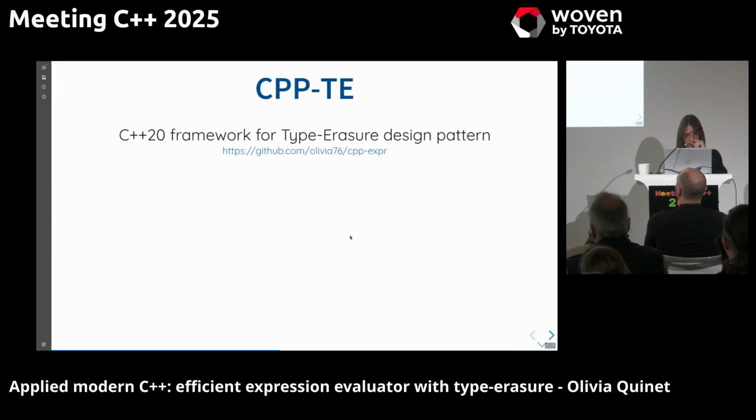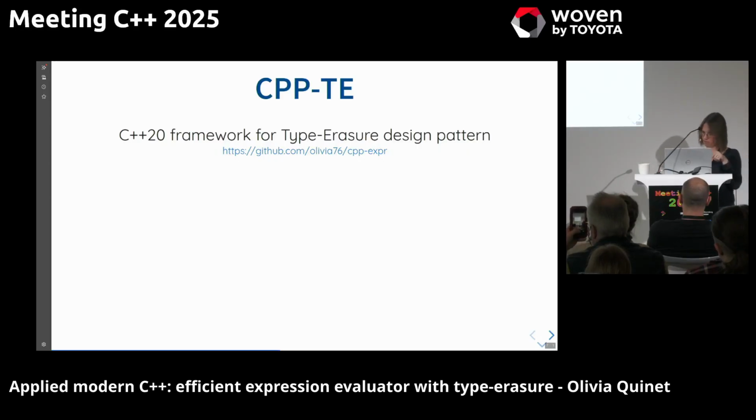Last year I gave a talk about, I think, a nice framework to do type erasure, and I will reuse that framework in this project. And I will show how to use small object optimization within that framework in an easy way.